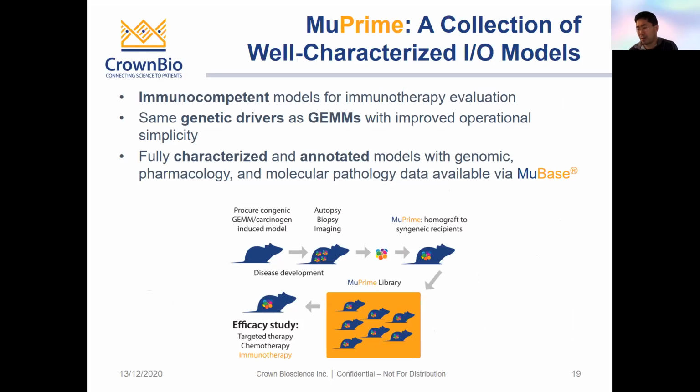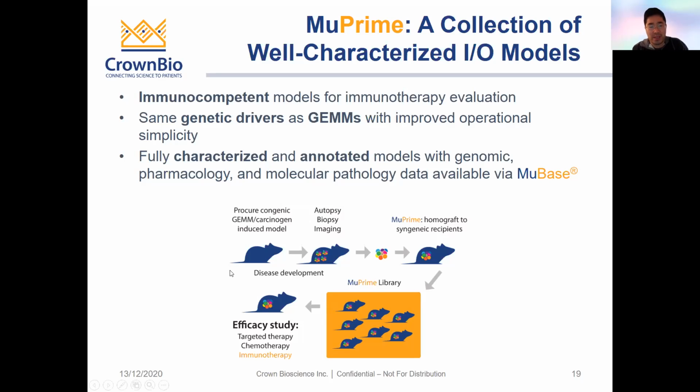Okay, so that's a quick introduction to what we call the syngeneic cell lines. Then we move to MuPrime, which we briefly touched on earlier. We all know GEMs are highly useful for studying the mechanisms of disease. But the spontaneous nature of the tumors makes them less suitable for studying the efficacy of oncology and immuno-oncology agents.